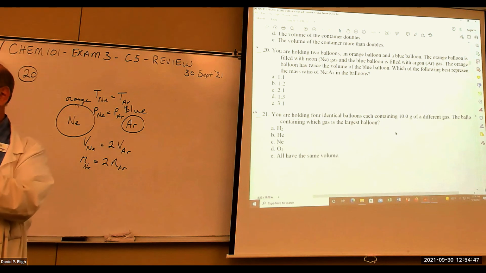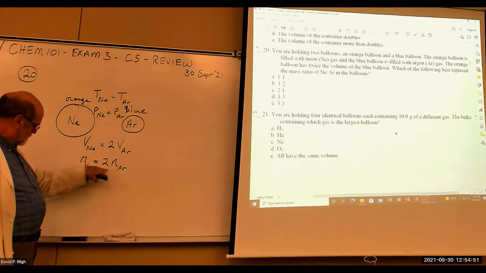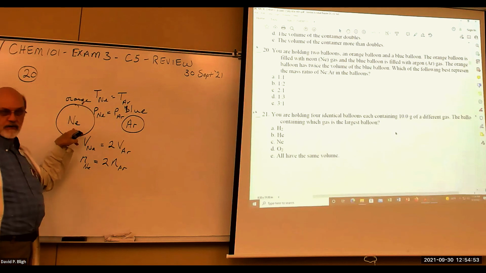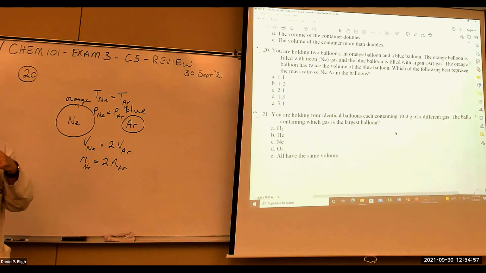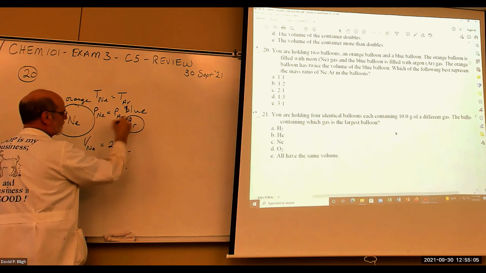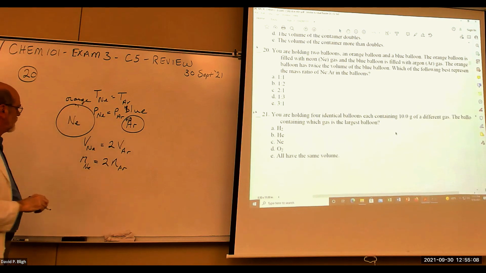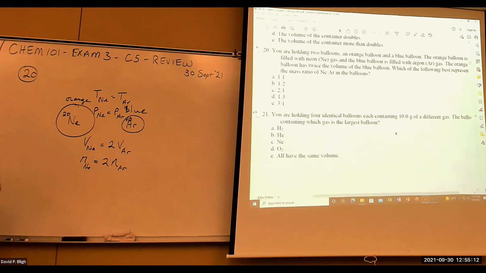The mass of the individual atoms, right? If this has twice the number of atoms as that one, then what's the relationship of the mass? Well, let's see. Argon is about 40 mass number. Neon is about 20. So each one of these atoms is about twice as heavy as this one.